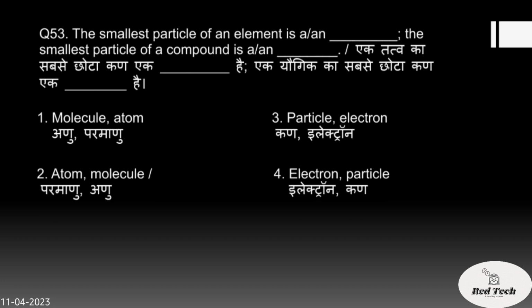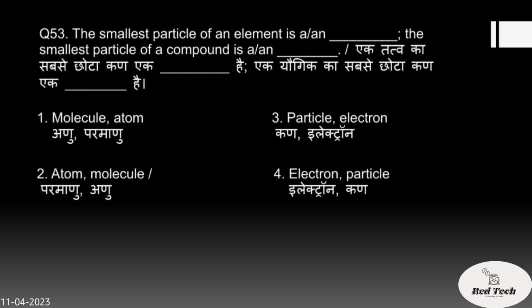Question number 53. The smallest particle of an element is an. So we have to tell about the smallest particle of an element and the smallest particle of a compound. In a compound, molecules make up the compound. Now go to the options.